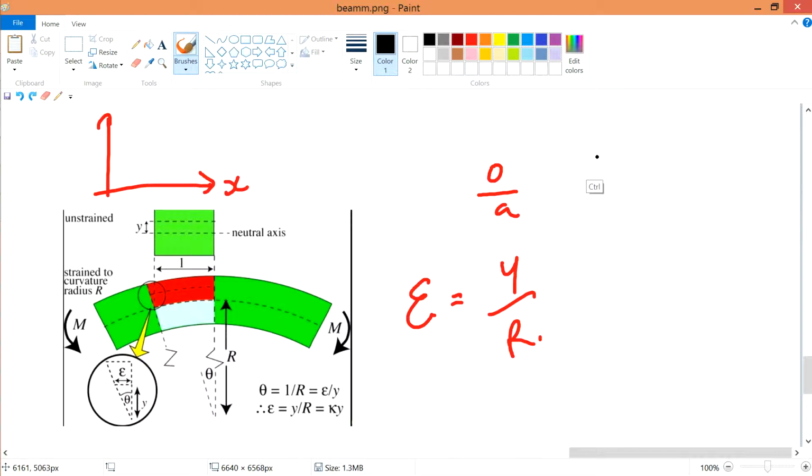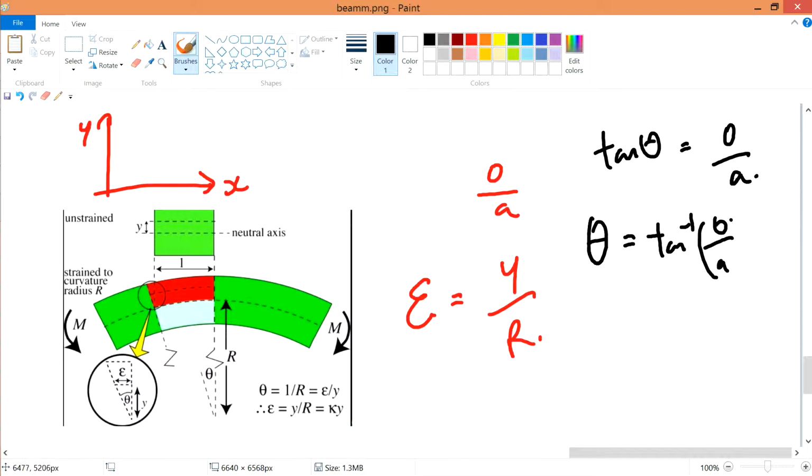So we know that for tangent, tangent theta is equal to O over A, and therefore theta is equal to tangent inverse O over A. Next, for a very small angle in terms of radians, tangent inverse O over A will be equal to O over A. You can just sub it in.